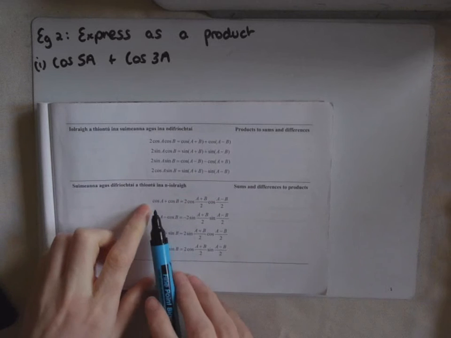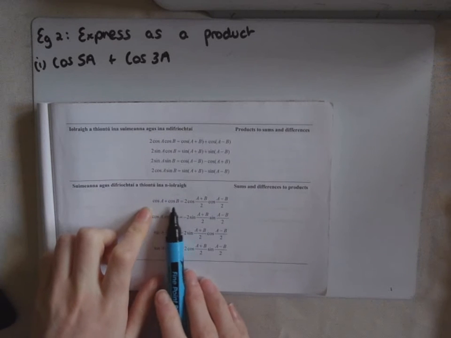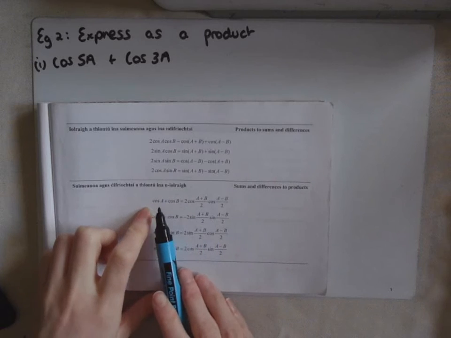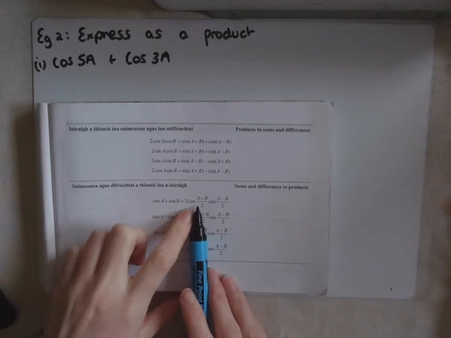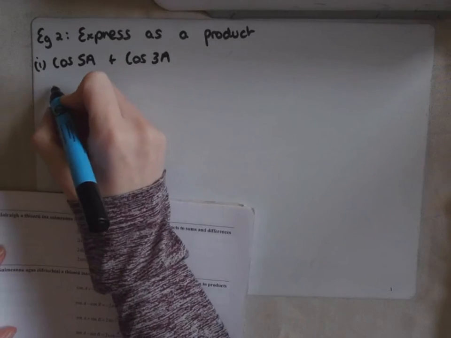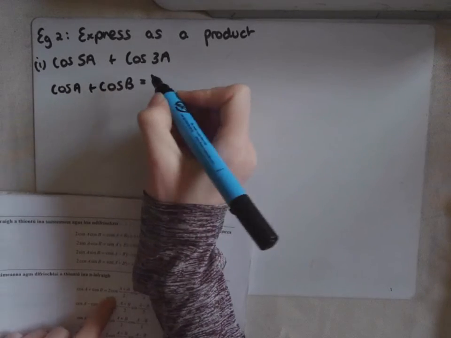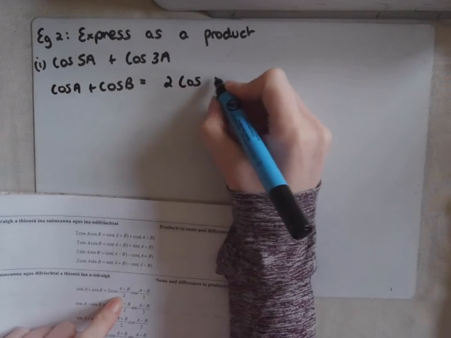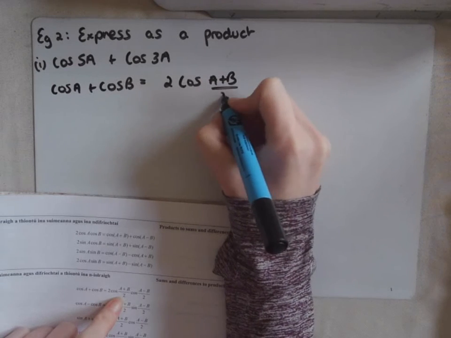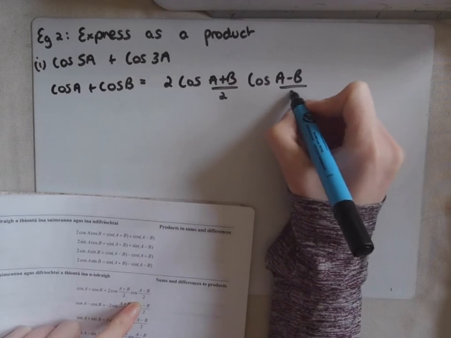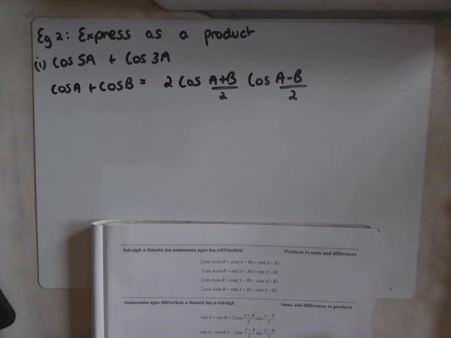So this is a sum, and I'm going to a product. Okay, so here's my formula. Cos A plus cos B is this thing. So let's just write our formula. So that's how it's given to you in the log tables.